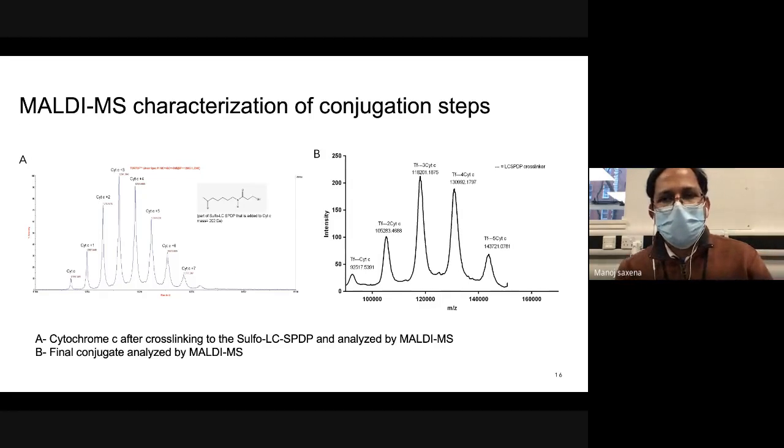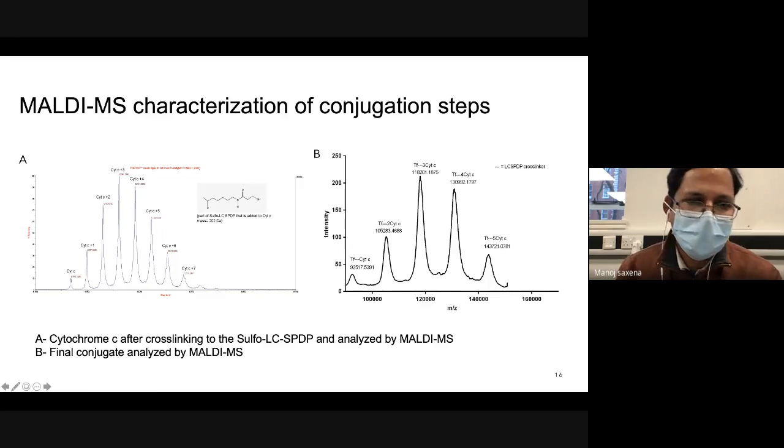To see the stoichiometry of this complex formed by conjugation, I used MALDI mass spectroscopy. Here you are looking at different spectra where different peaks are labeled according to the number of cytochrome C bound to transferrin. Because there are different stoichiometries, the complex formed was a mixture.